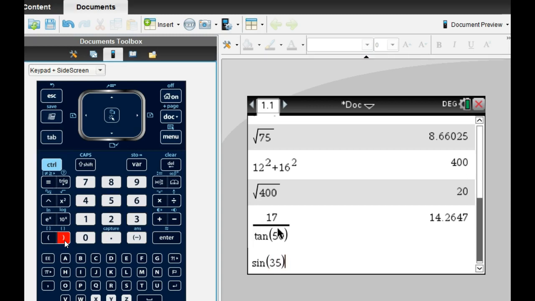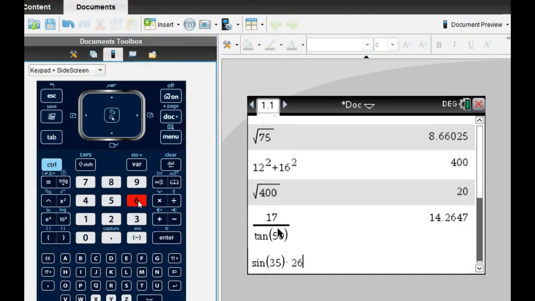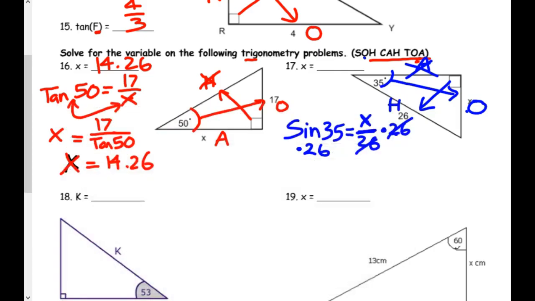You have to stop the sine 35 before you hit times. That way the times is after the sine 35, and it's times what? 26. So sine 35 times 26 is 14.91. So very good. We got 14.91 equals x.